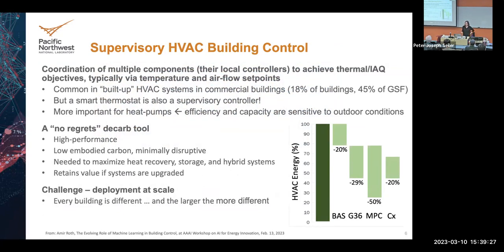And unfortunately, there is no solution that is easily deployable across the entire building stock. So we started looking at data-driven approaches with the intent of making model-based predictive control accessible across the building stock, so that this 50% energy savings potential can actually be realized.